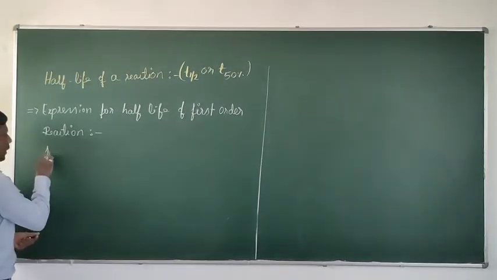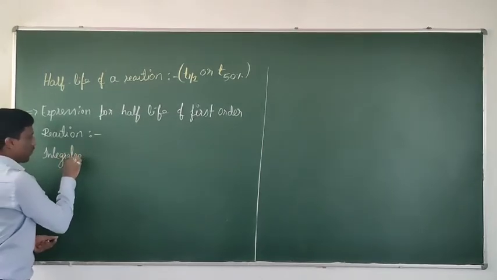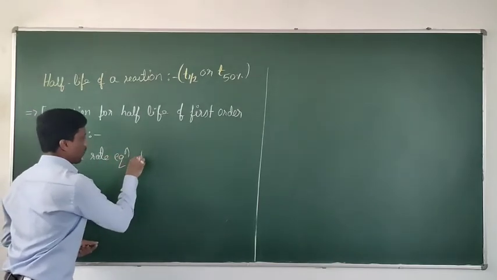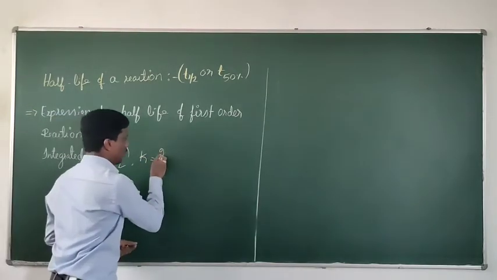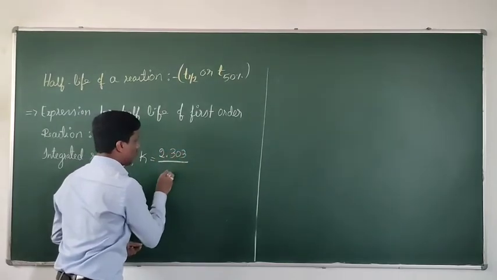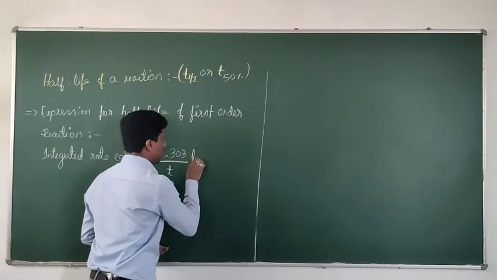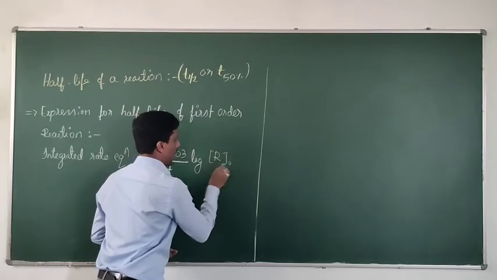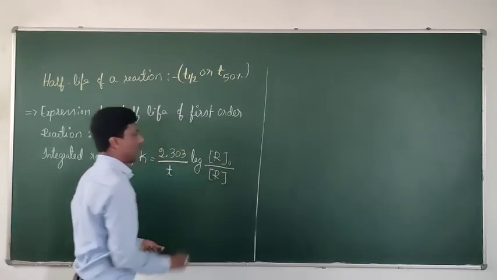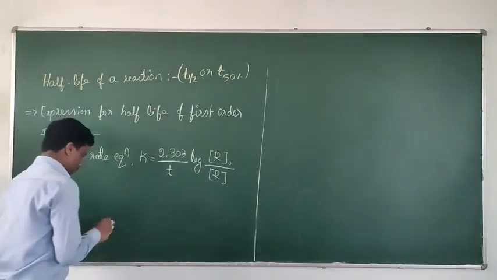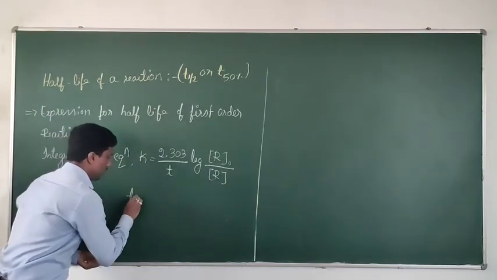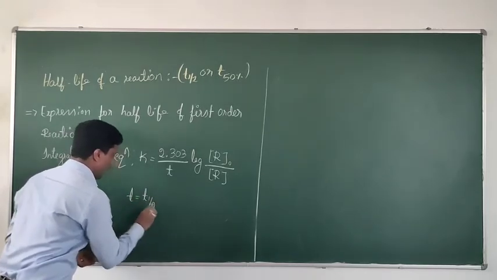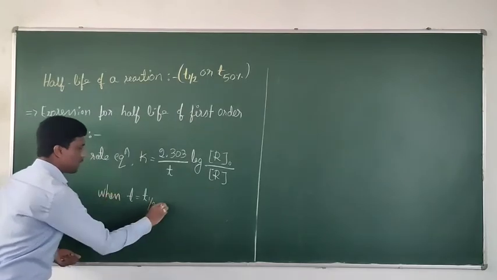Okay, the integrated rate equation is k is equal to 2.303 divided by t into log of R naught divided by R. Now again, t is equal to t half.